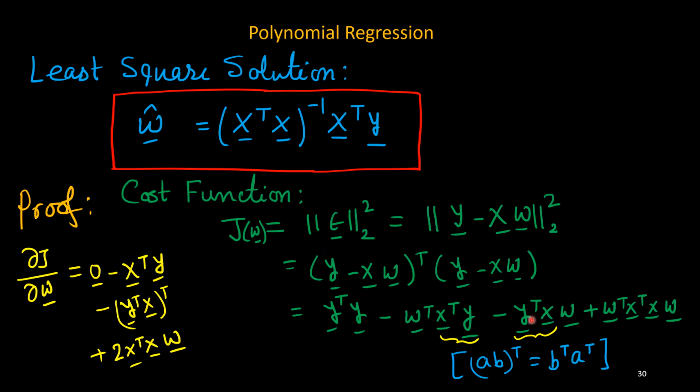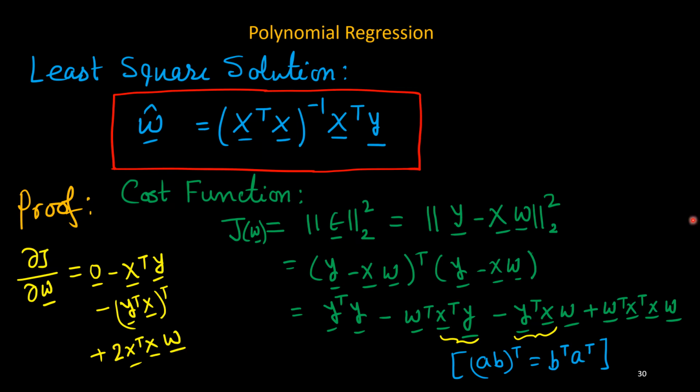The next one is y transpose xw, where only w is multiplied, so its transpose we will get. For the last one, w squared is coming, so 2 times w; in short it will be 2 x transpose x w, but it is not so simple. We can prove that, but here I want to skip it. If you take the derivative of this one, you will easily get this.